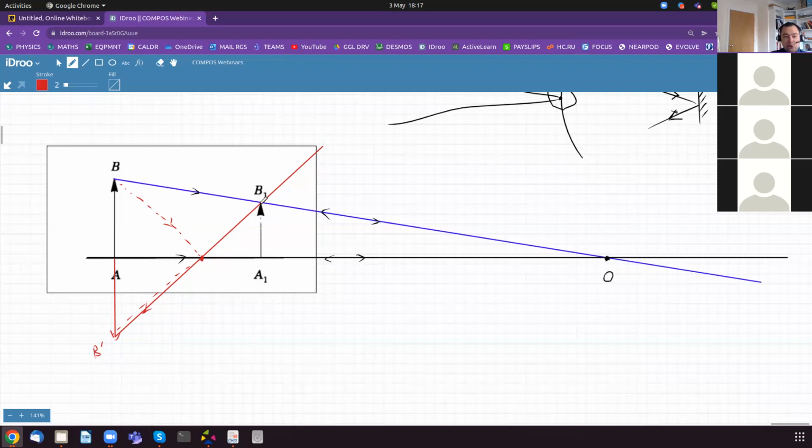B1 is the image, so the light is coming from the image, and we know that a mirror placed at this point would reflect the ray like this, as if it is coming from B1.